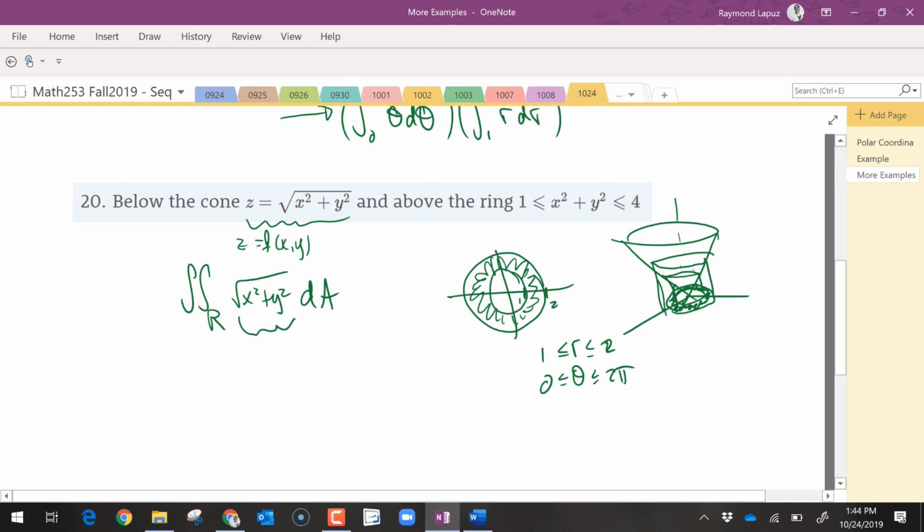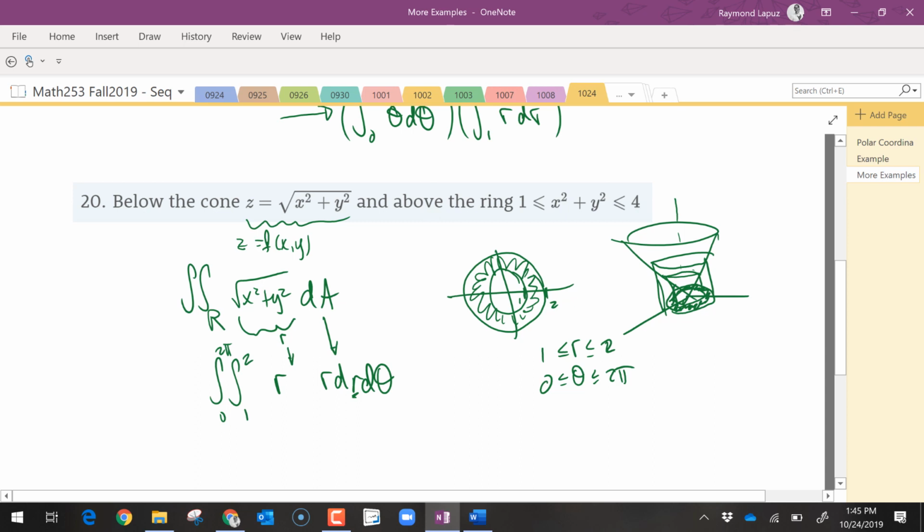This is r squared with a square root, so that's just going to be r. So that r comes from the square root of x squared plus y squared, but then we have another r that comes from the dA, don't forget that, so that's going to be an r squared inside. Limits go from 1 to 2 for r, and theta limits go from 0 to 2 pi.